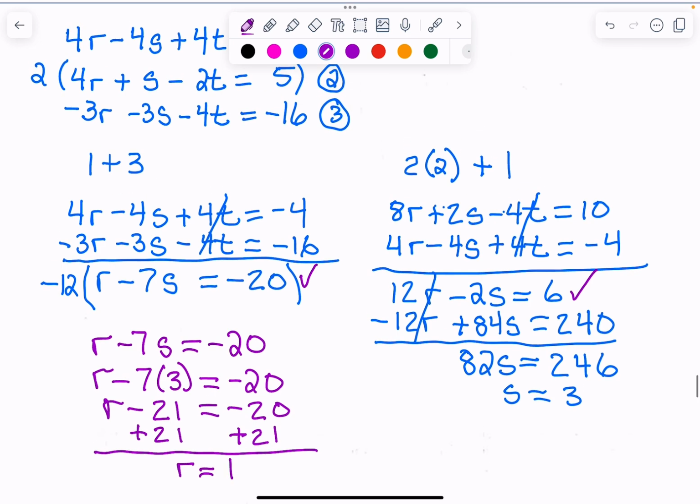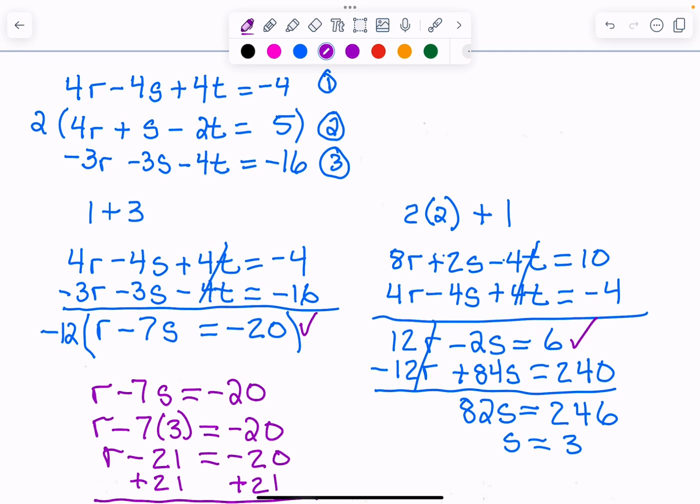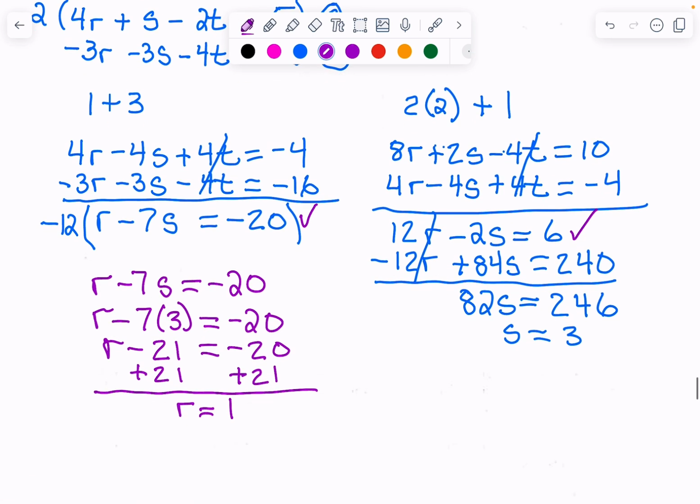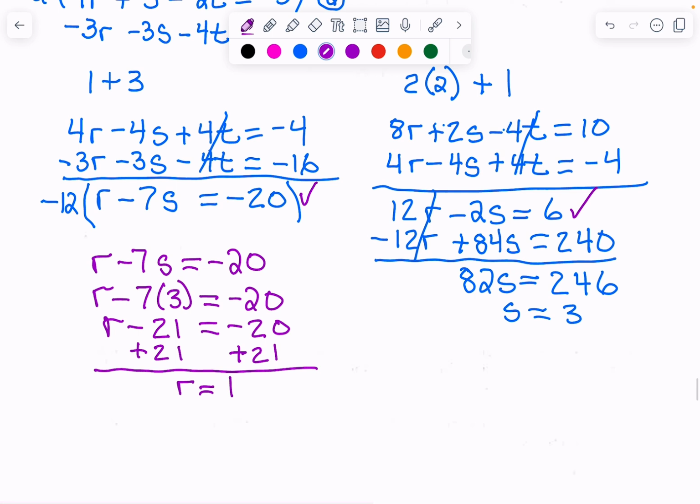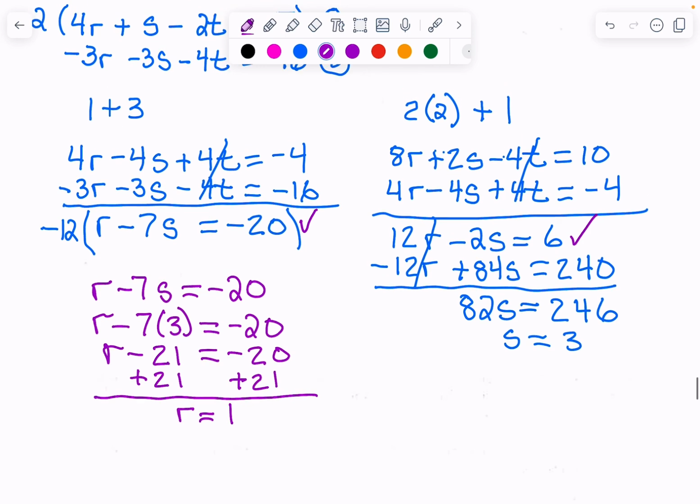And now we have to take either 1, 2, or 3 from the original and plug it in, because we have two answers and we have to find the third one, right? So we have r and s and we have to find t. So it really doesn't matter which one you use.